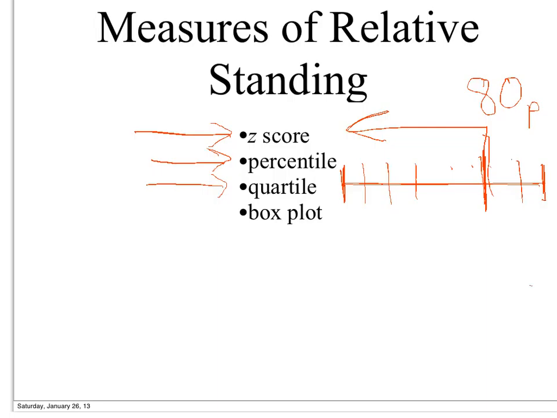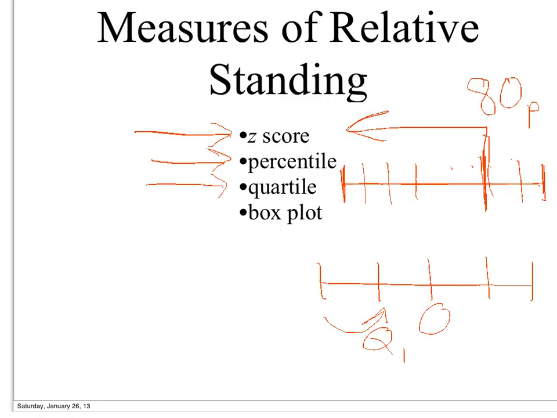Quartiles are similar, they just take the data and divide it up into 4 equal pieces. So there are actually 3 quartiles. This would correspond to quartile 1, which is abbreviated Q1.